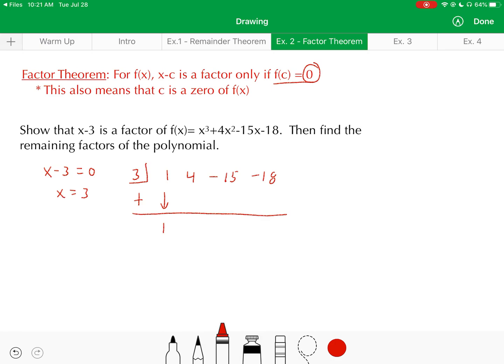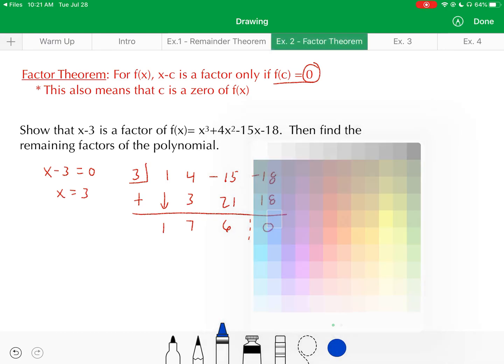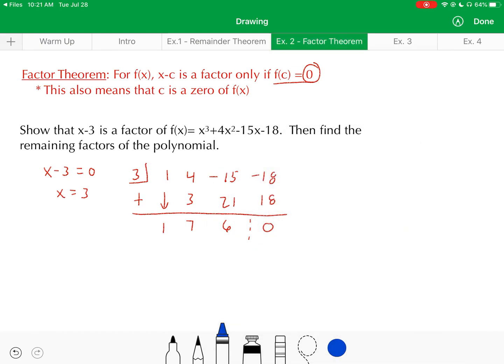All right, start the process. Bring the 1 down. 1 times 3 is 3. 4 plus 3 is 7. 7 times 3 is 21. Negative 15 plus 21 is 6. 6 times 3 is 18. Negative 18 plus 18 gives me 0. And that's what I'm looking for here. The fact that this remainder is 0 proves that x minus 3 is a factor.